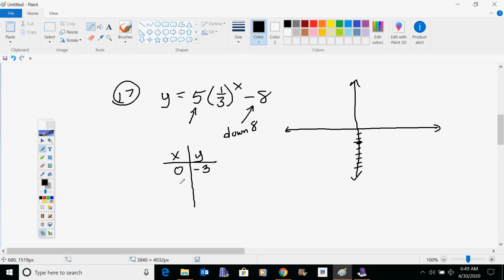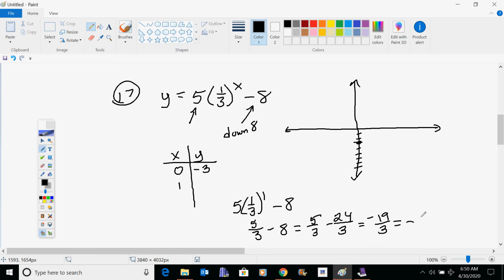You could pick 1, or you could pick whatever that point is. 5 times 1/3 to the first power minus 8. This would give you 5/3 minus 8, which would give you 5/3 minus 24/3, negative 19/3, negative 6 1/3.